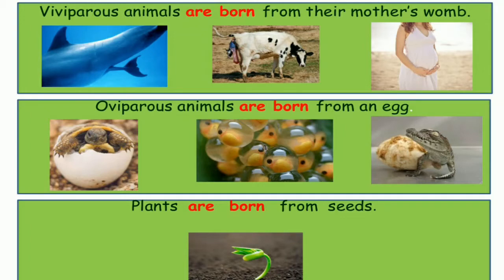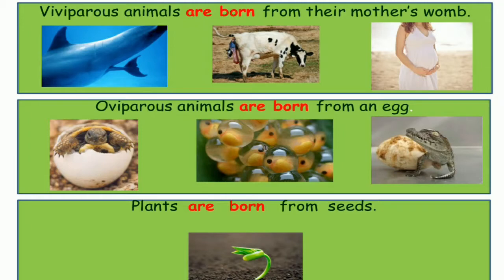Here we can see a plant born from seeds, and also viviparous animals like a whale, cow, and also a child are born from their mother's womb. Here are examples of living things.